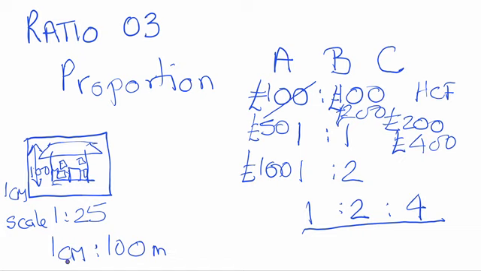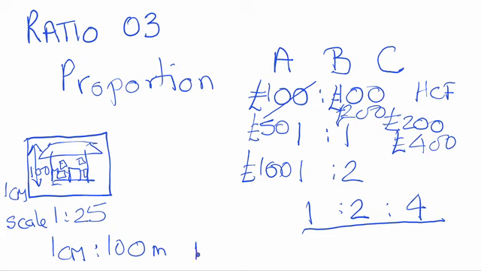Now, because the units are very different, so centimeters and meters, you can't really put this into proportion until you've converted the meters into centimeters. We know there are 100 centimeters in a meter.